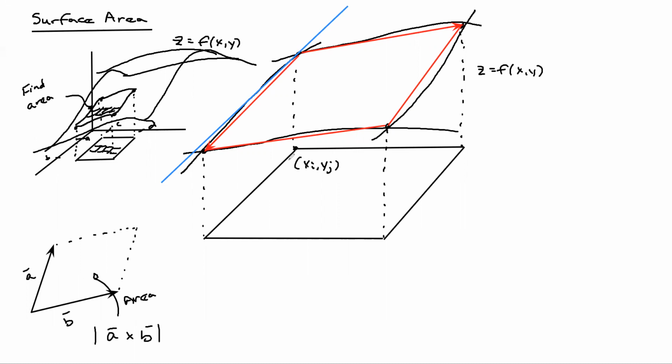So if you go back to the last chapter on partial derivatives, one of the things that we had was the partial with respect to x is the slope of the tangent line in the x direction. It's the amount of change you'd get if you took a step in the x direction. So we know the slope for this line is the partial with respect to x.